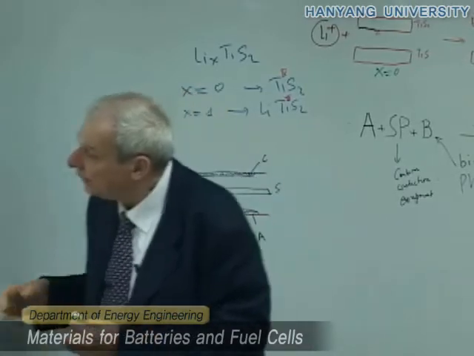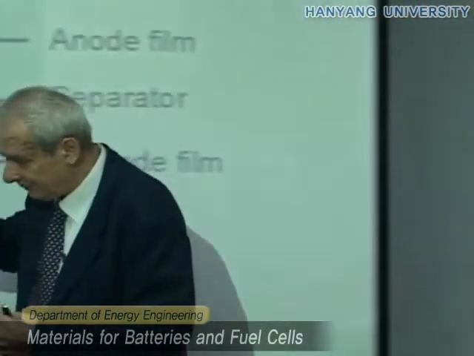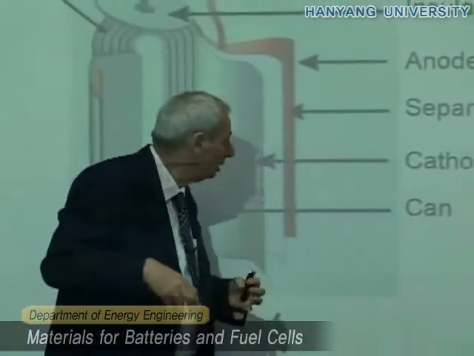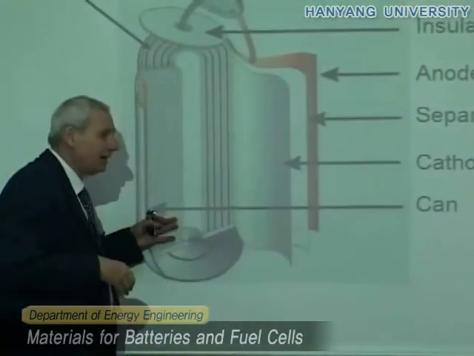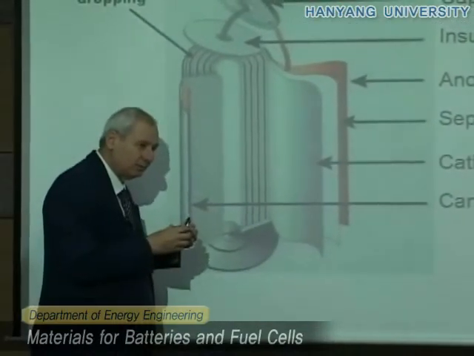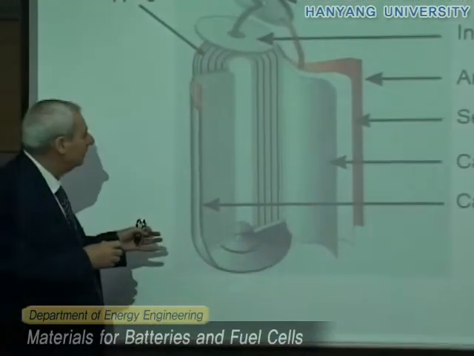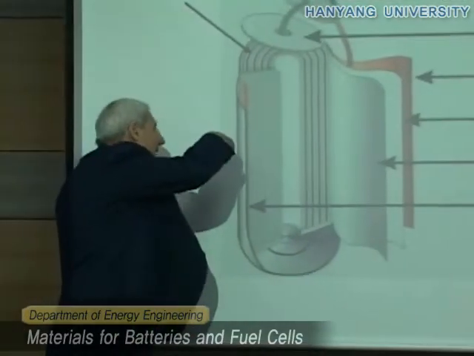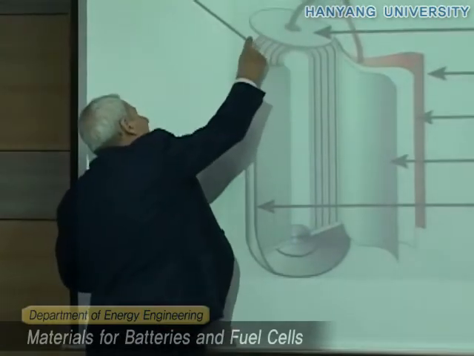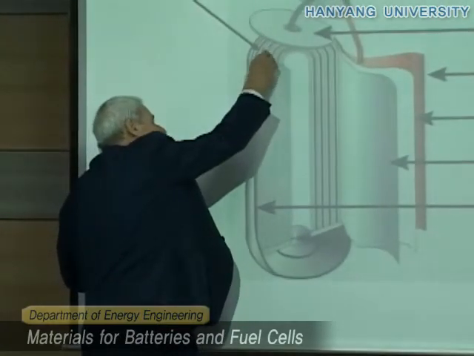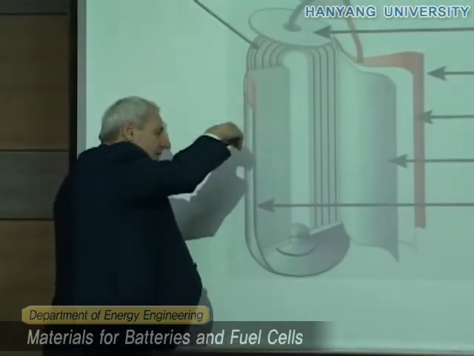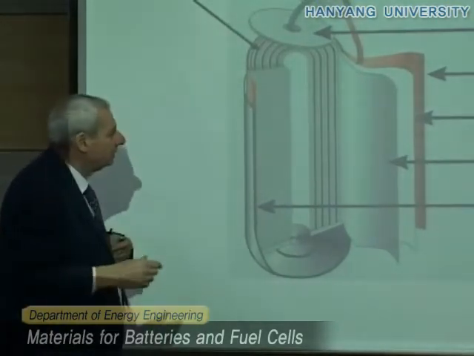Yes, in this way we will have a lot of material which can be housed in a very small volume, like for instance this cylindrical cell. So we have all this wound together. Then we put electrolyte from here so that the electrolyte is absorbed in the separator.